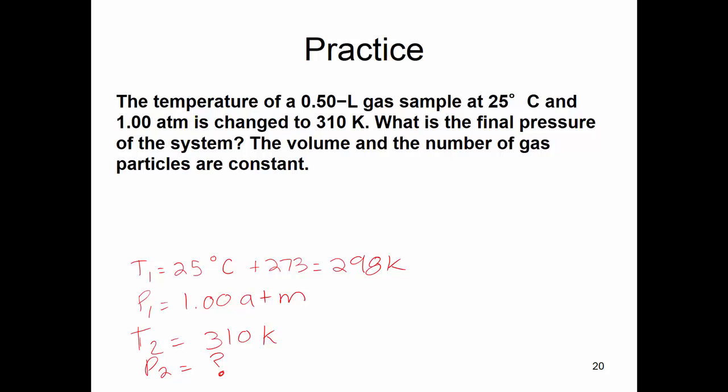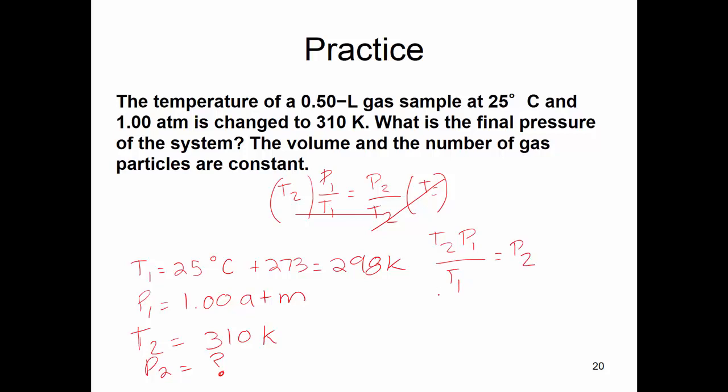If we plug this in, we have P1 over T1 equals P2 over T2. We're looking for P2, so we have to isolate it by itself. This is just rearranging the equation. T2 is 310.